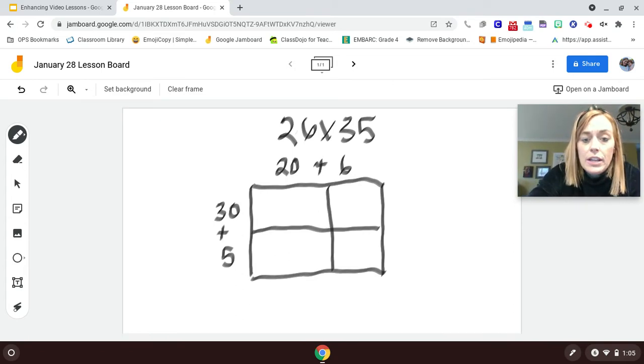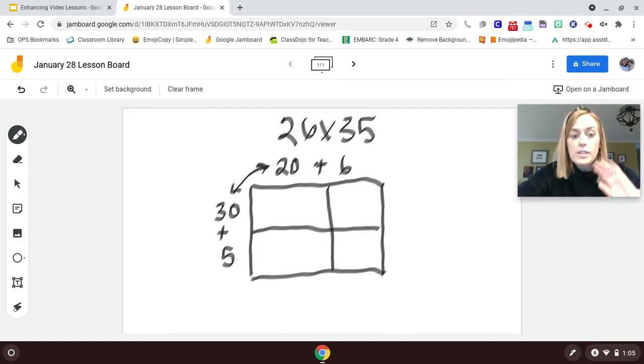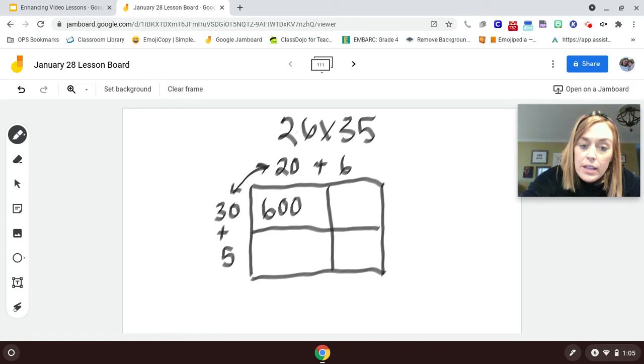Now remember, this first box here, we're going to multiply 20 times 30. And I like to do our magic trick of covering our zeros, right? So we're going to pretend 30 is just 3 and 20 is just 2. And what is 2 times 3? Well, we know 2 times 3 is 6. And then if I bring back my 2 zeros, I have 600.